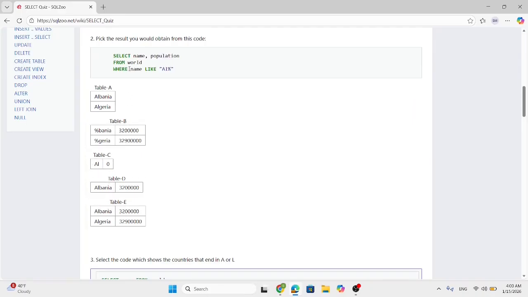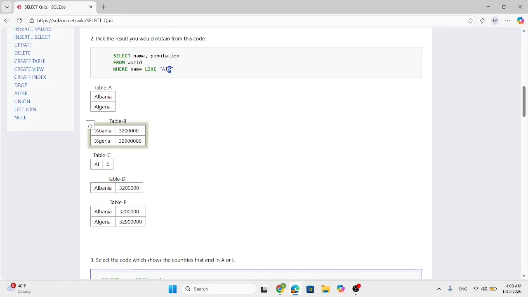The name like 'AL%' statement, this sign, means our name should start with AL. For example, table B is eliminated because it shows this sign, so it doesn't mean this.